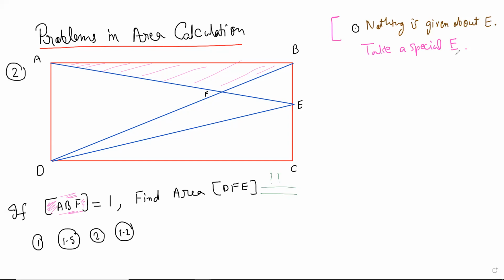I mean, take E to a special point, because you are being told that the answer does not depend on E. That is what the question is trying to tell you, right? That the answer does not depend on E. See? So can they be equal? They can be equal.